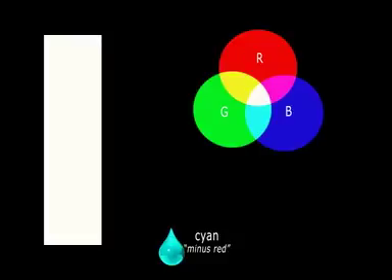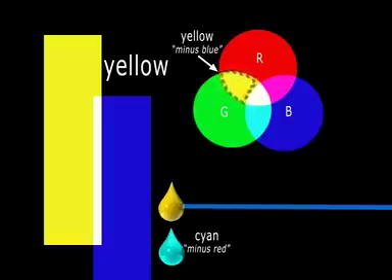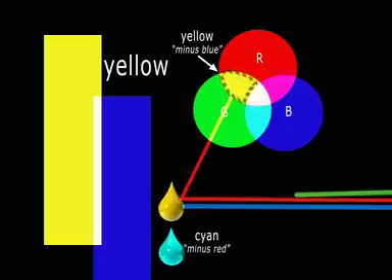Or if we subtract out the blue, the white turns yellow, because yellow is what you get when a pigment eats or absorbs blue and throws out the red and the green, reflecting them back into your eye.